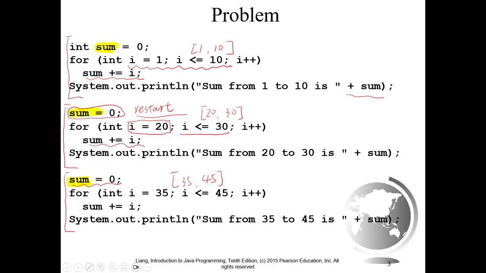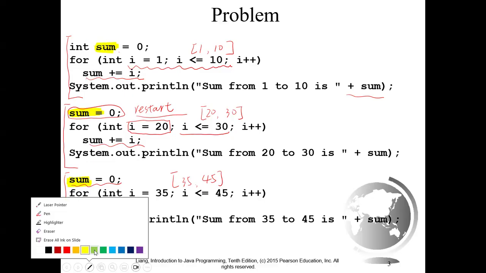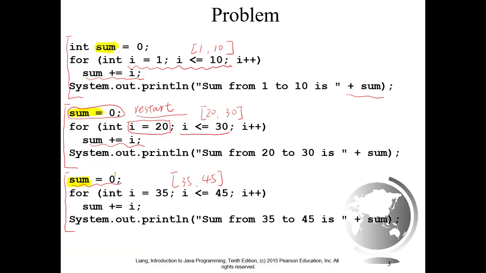So what is the next thing? Let me change the color. And both of them use a for loop, right? The for clause. And even inside, it initializes I to be something, and I should be smaller than or equal to something, right? And after each iteration, I is incremented by 1. So they are the same.